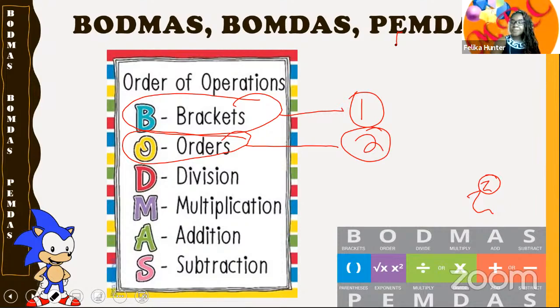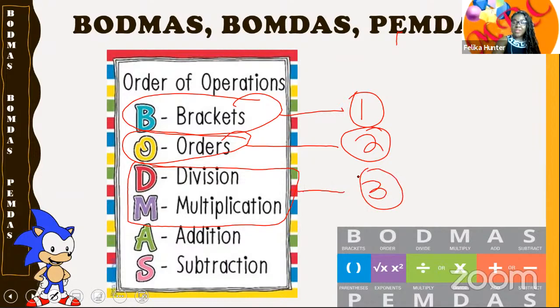The third is shared between division and multiplication. Remember, I did not say division and I did not say multiplication. It is either one, depending on which one comes first in the question that you're doing. Not which one comes first up here, but which one comes first in the question.